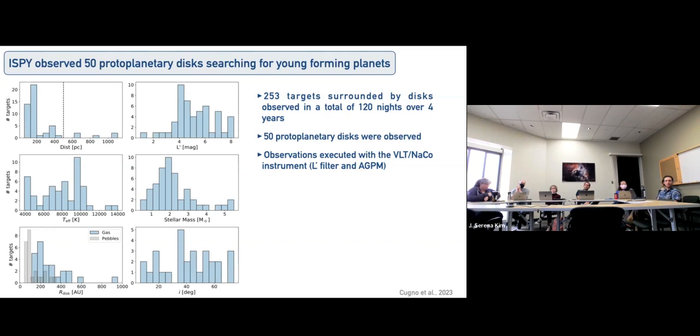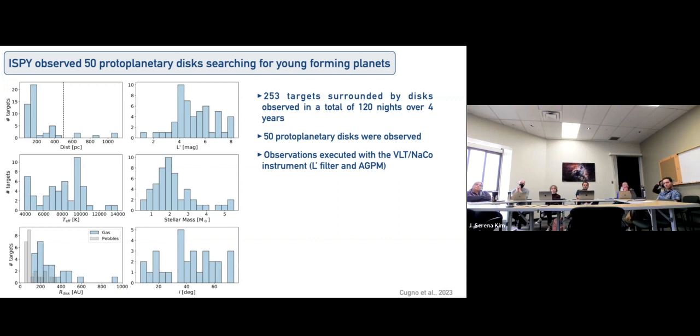So in total, over the past 6 years, we used 120 nights of VLT time, and we observed a total of 253 targets, all of which are surrounded by a disk. Most of them were surrounded by a debris disk, but 50 targets were surrounded by a protoplanetary disk.